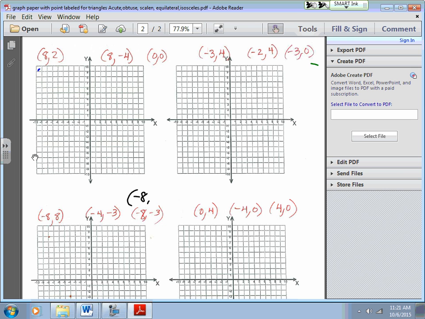That's -8, -3. I think everybody else can read all the other coordinates on the back side of that page. You're gonna finish those four, and then there's one sheet that's a Pythagorean theorem sheet that you guys are gonna do, and once you're done with those, that's it for today.